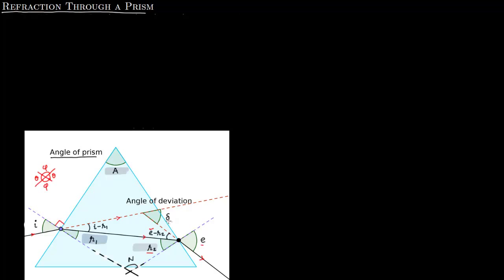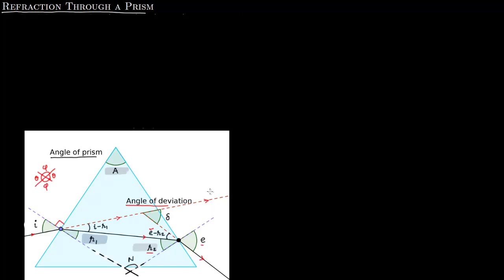Now this delta, which is this exterior angle, is the angle of deviation. Notice that this red line is the angle of incidence. This is where the original ray of light would have gone if there was no prism, and this is the final direction.